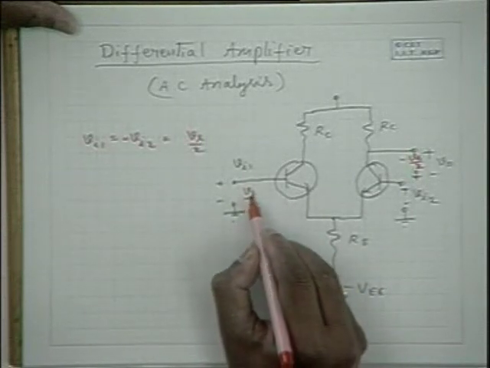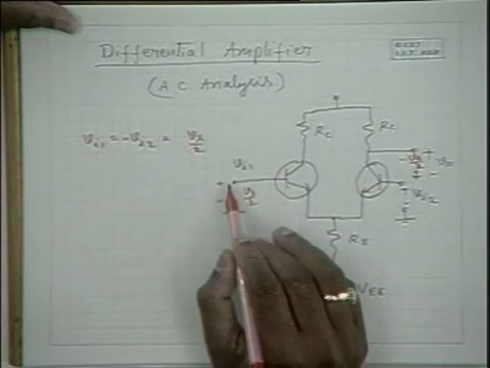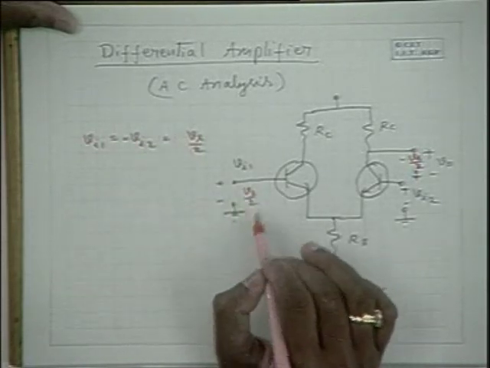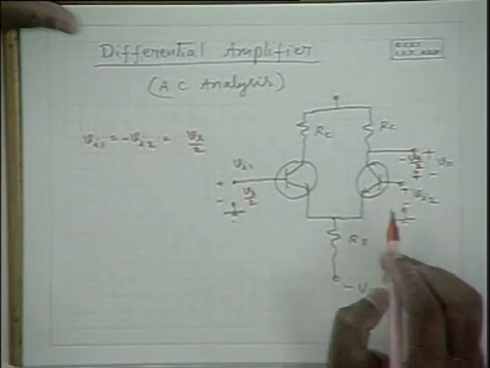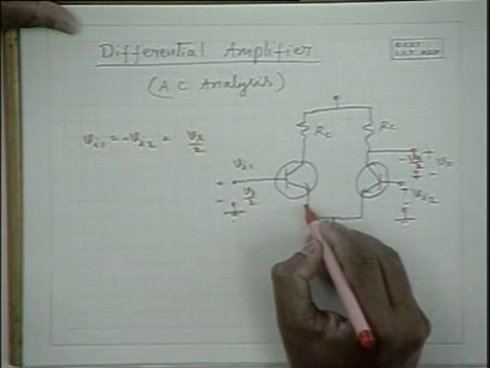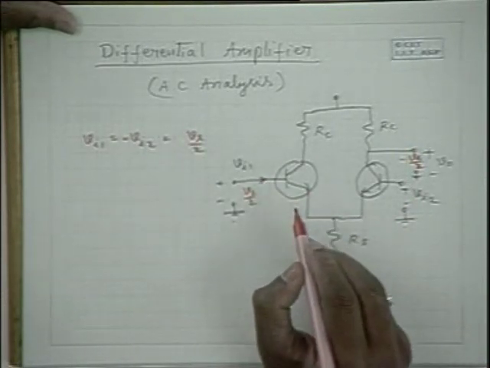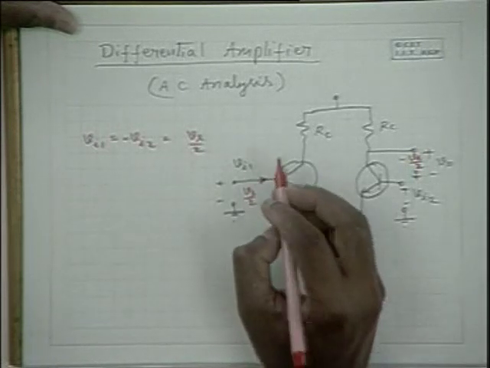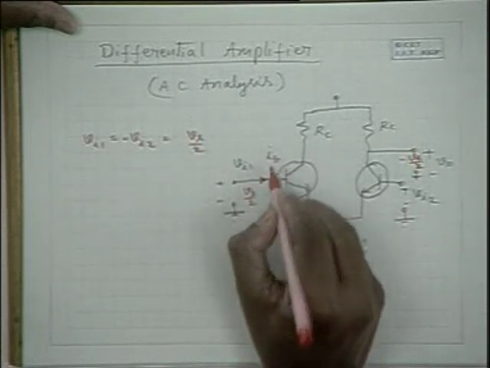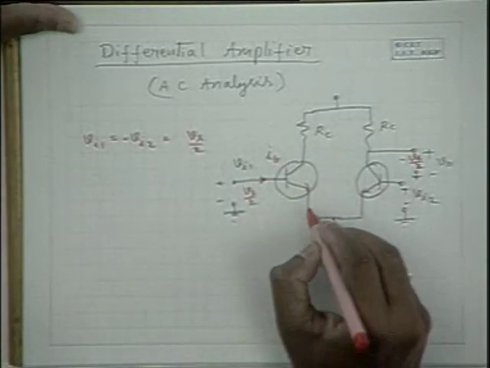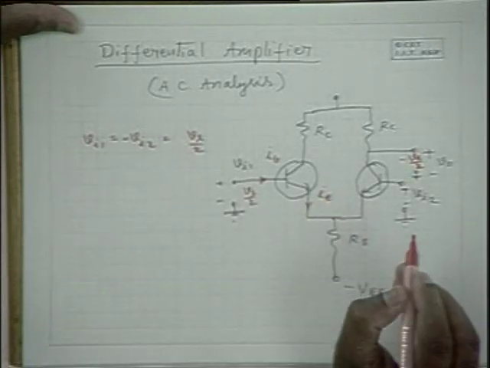Now, when you apply a small Vs by 2 at the input of the first transistor and with opposite sign at the next transistor, we expect an increment in the base current, the biasing base current, and the alternating base current would be IB, and that is responsible for an alternating emitter current IE.